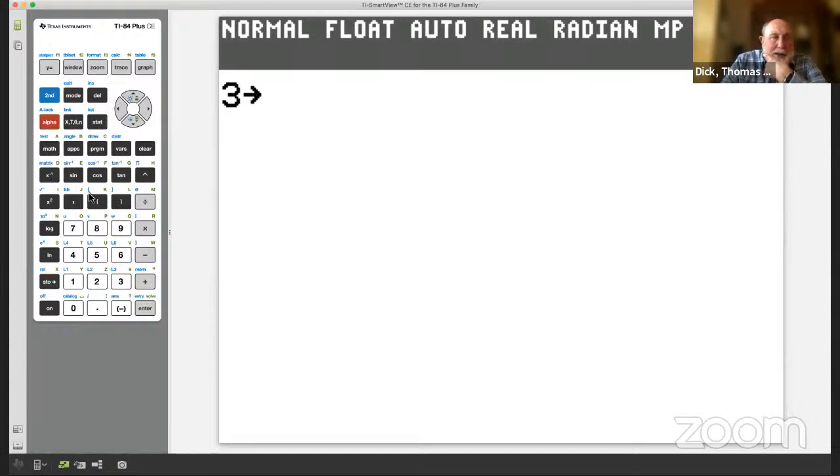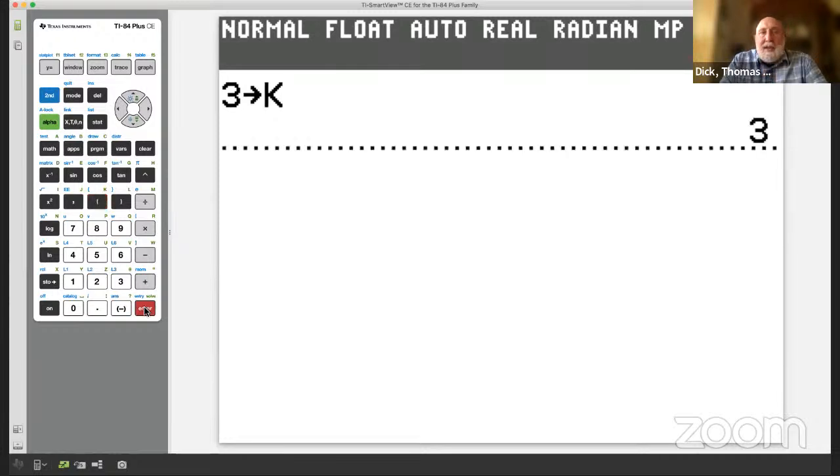What's really cool here is you saw that my y1 was the cumulative sum. Well, that's actually a list. So when I graph y1, it's actually going to graph the 3 functions represented by the first term, the sum of the first 2 terms, and the sum of the first 3 terms. So let's take a look and see how that looks.